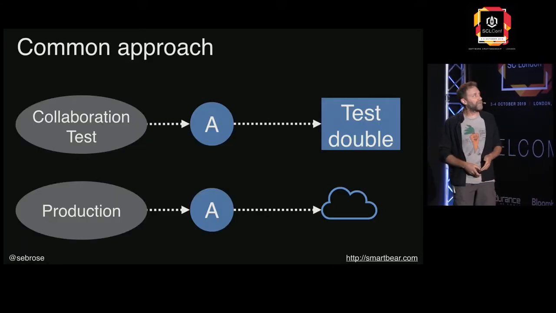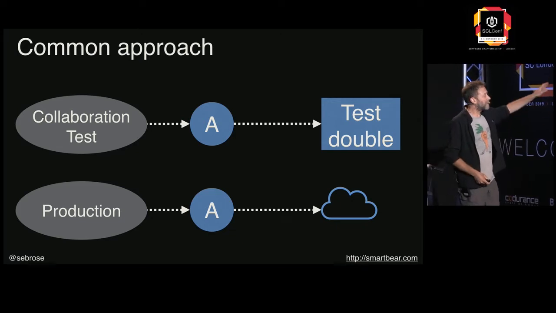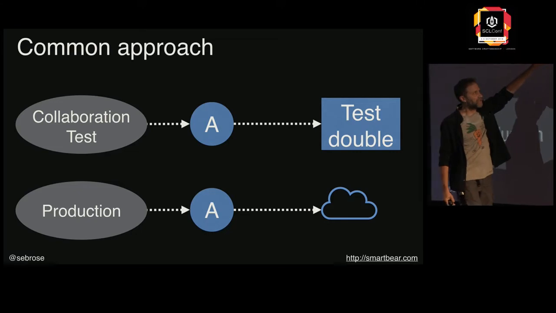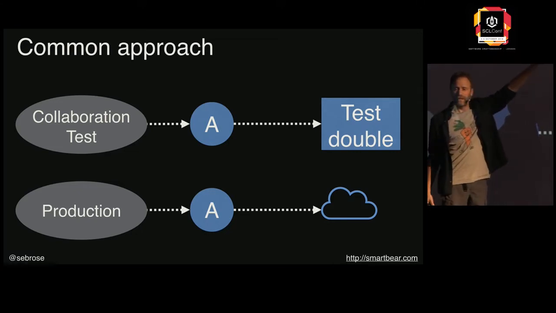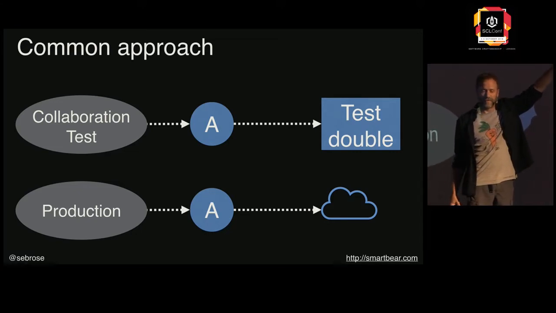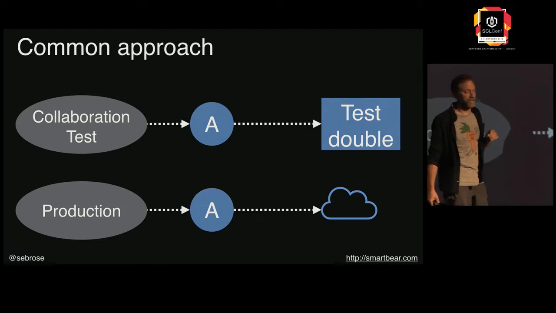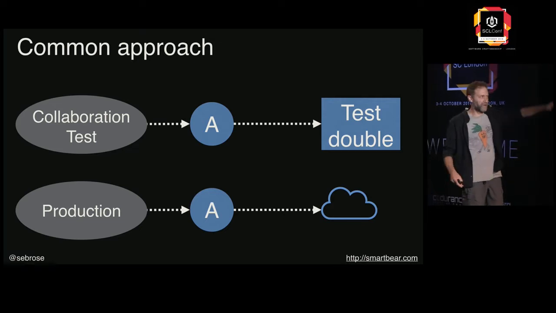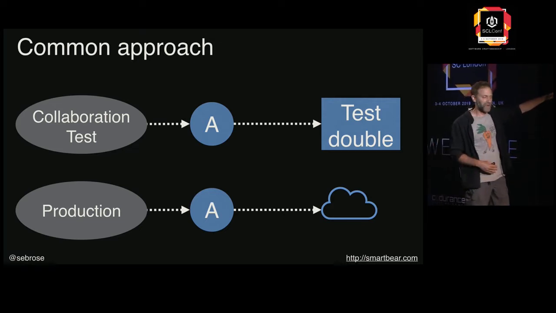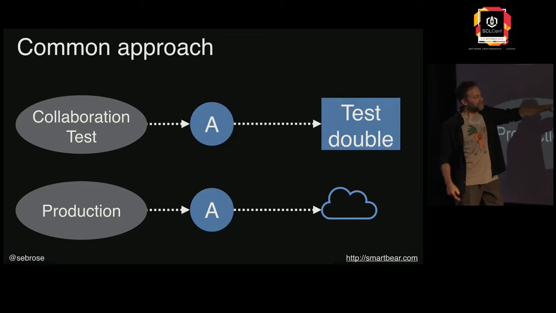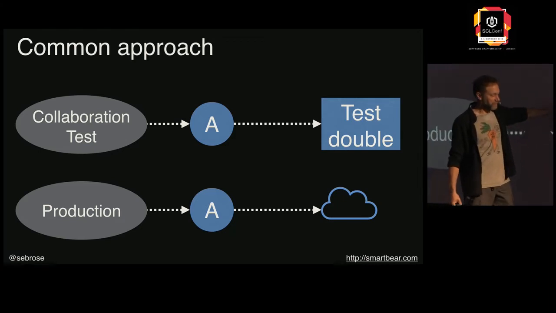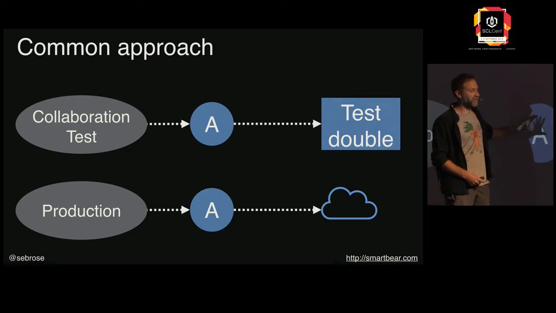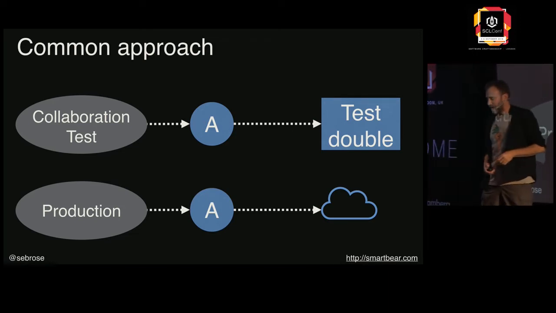A common approach, if you were to do it from first principles, is that you write a collaboration test which exercises component A, and it uses a test double to replace the dependency. Then when you move into production, modulo the fact that you might have done an integration test at some point as well, the same situation takes place against component A, and it works against the actual dependency.